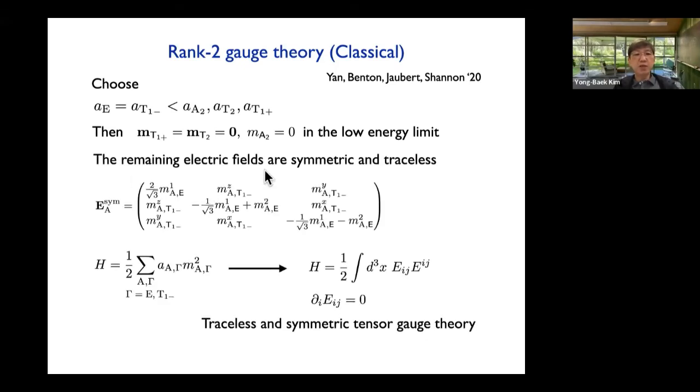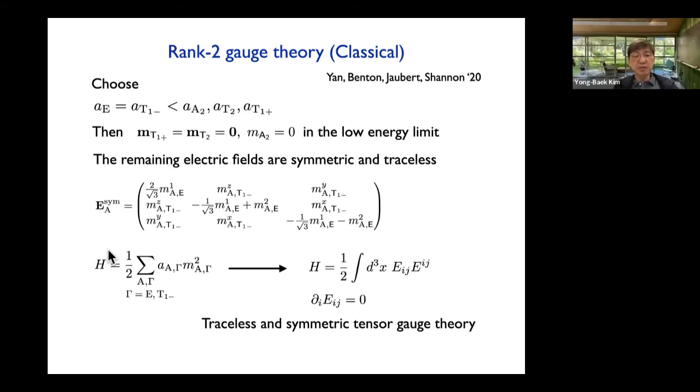If you do so, the remaining electric fields are just symmetric and traceless. You only keep the E mode here and the T1 minus mode here. All other modes are set to 0.